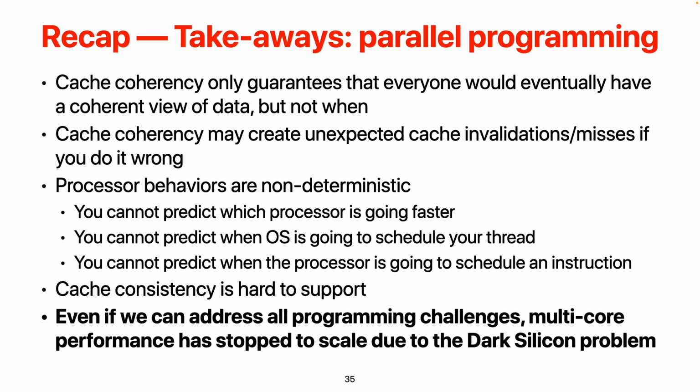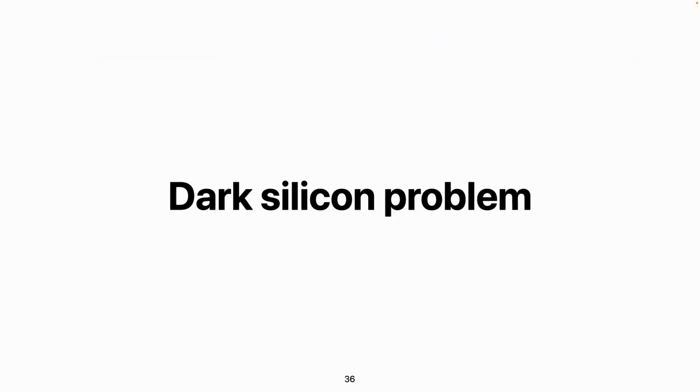This is a very critical issue nowadays, because we are reaching a dead end. Don't you feel that way? Even though I spend a lot of time parallelizing my program, it's not going to be faster because the multi-core processor is not getting any faster. So that's the dark silicon problem.